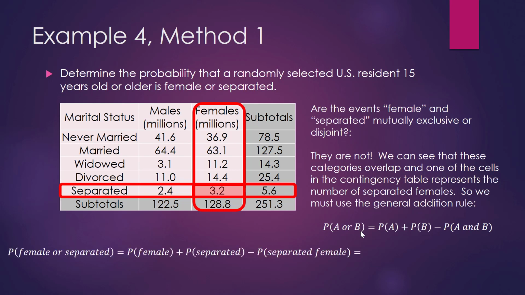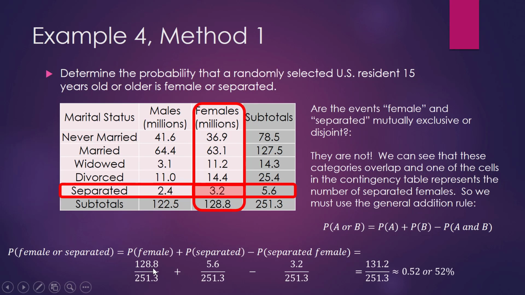Putting that into the context of the problem, we see that the probability of being either female or separated is equal to the probability of being a female plus the probability of being separated minus the probability of being a separated female. So we have 128.8, because that's the total number of females, over 251.3, that's the total number of people represented by the table.